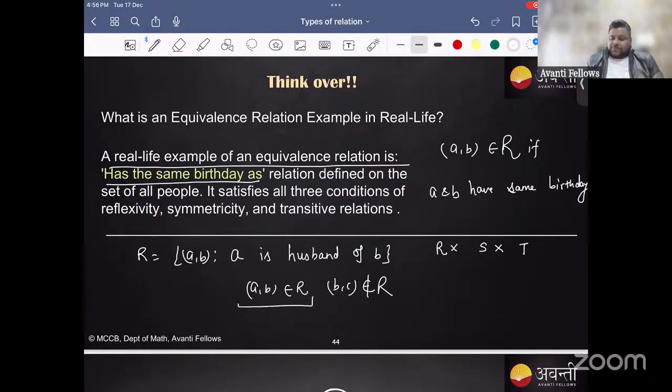So a is the husband of b, but (b, c) won't be there. So the process of checking for transitive has not yet started. So this relation is by default transitive. Got it? So this is how we do these kinds of questions.